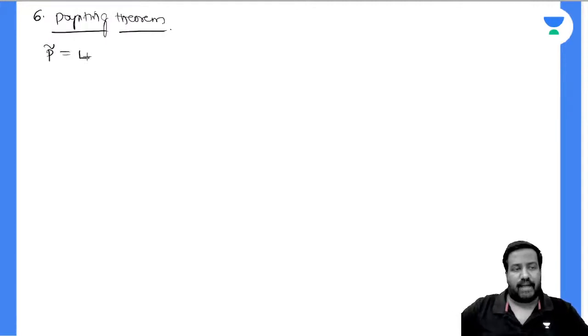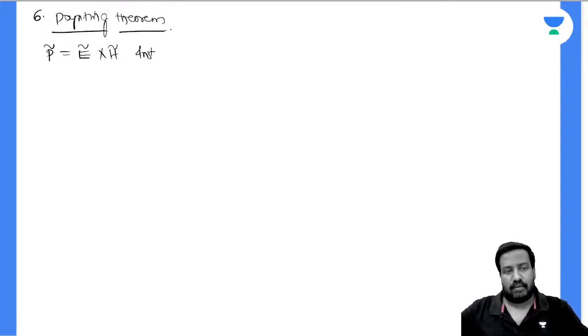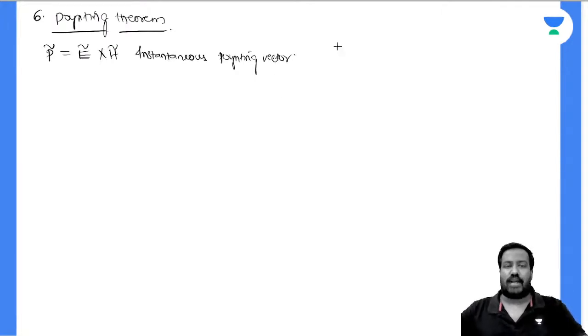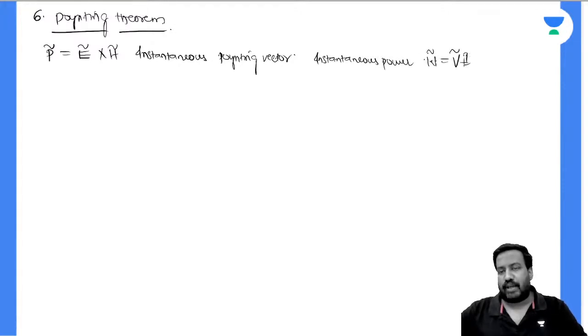From this you get the instantaneous Poynting vector: P sinusoidal is equal to E sinusoidal cross H sinusoidal. Analogy: instantaneous power, W sinusoidal is equal to V sinusoidal into I sinusoidal.